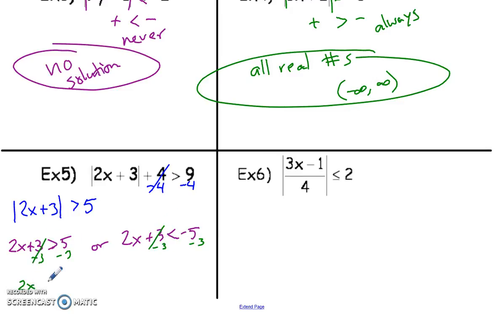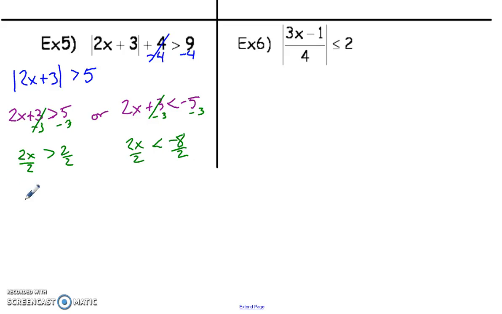I just like to do them at the same time, so I usually do it that way. And I put my or back in between. And now I have my answer.